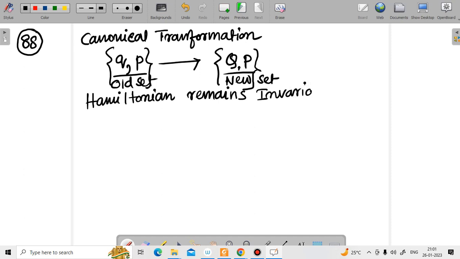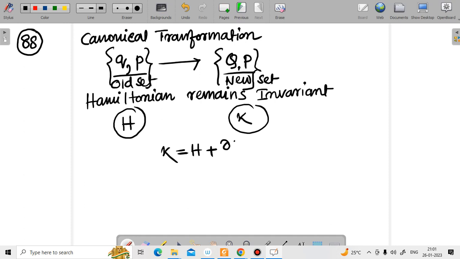Suppose the old set Hamiltonian is capital H and the new set Hamiltonian is capital K. Then we know the old set Hamiltonian and the new set Hamiltonian are related by the equation K equal to H plus del F by del t, where F is the generating function.